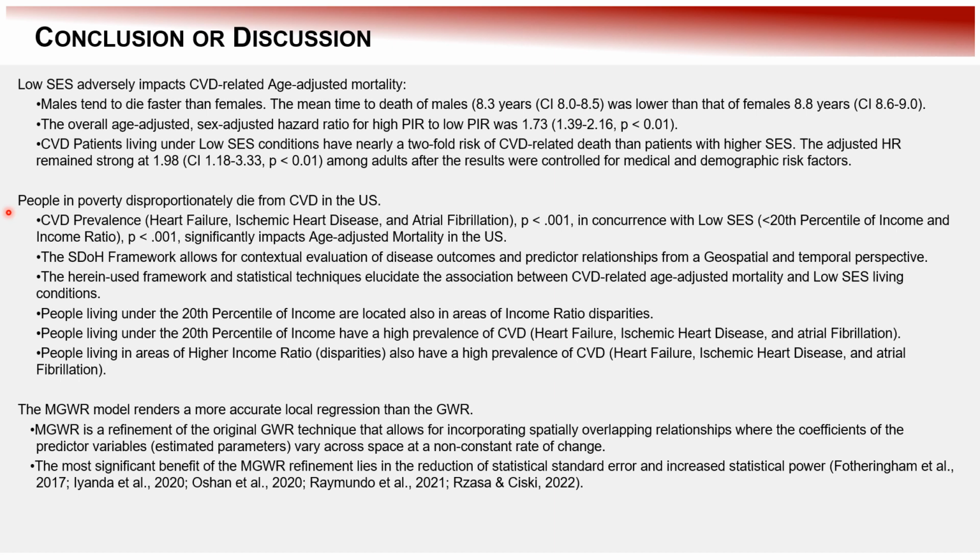Because multi-scale geographically weighted regression is a refinement of the original geographically weighted regression model, which allows for spatially overlapping varying relationships varying at non-constant rates, as is assumed by the original model. The most significant benefit of the multi-scale refinement lies in the reduction of statistical standard error and increasing statistical power.